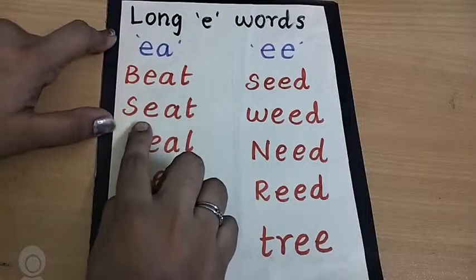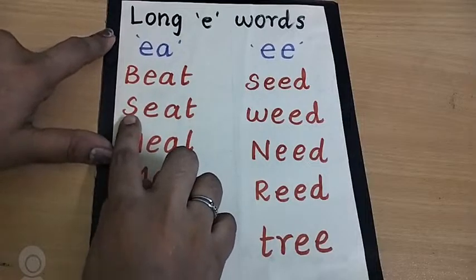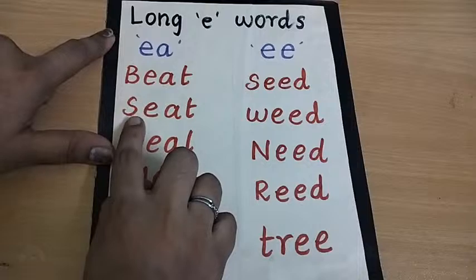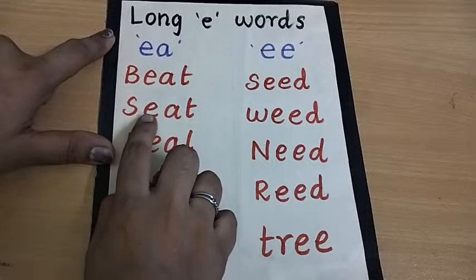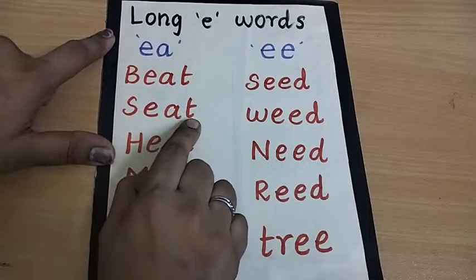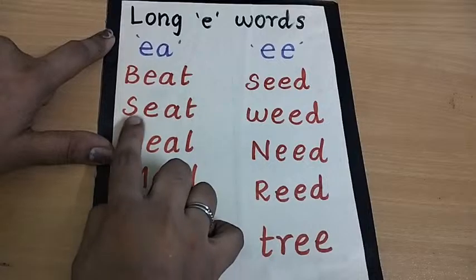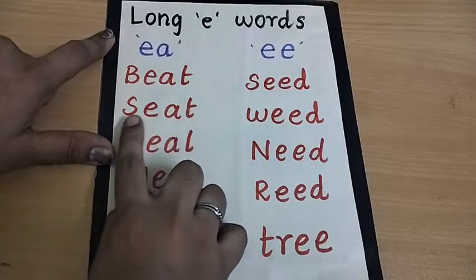The next word, the first letter is S. The sound of letter S is S. Next, the same EA you're having. What do you have to say? E. Next, the sound of T is T. S, E, T. Seat.